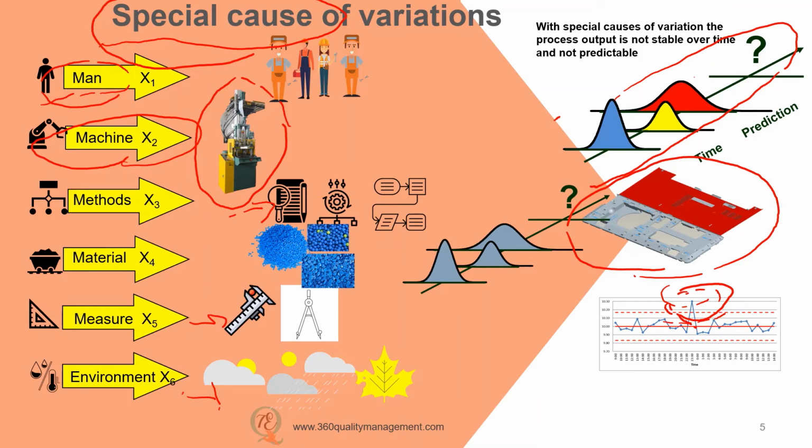And these spikes need to be removed at once, and this means that the special cause variations should be eliminated in order for the process to go back to normal, or to have just common cause variation.